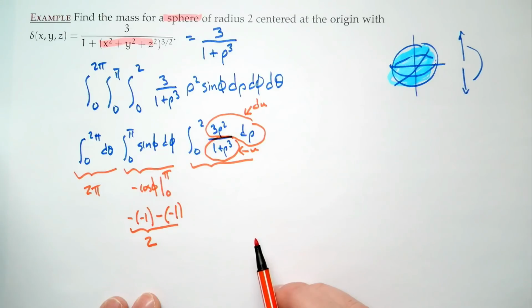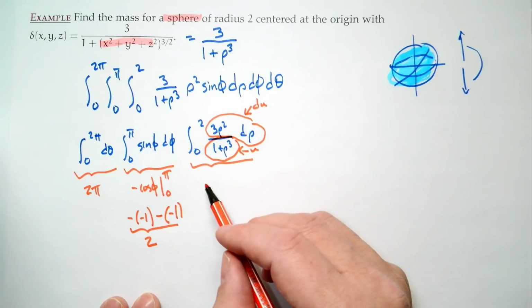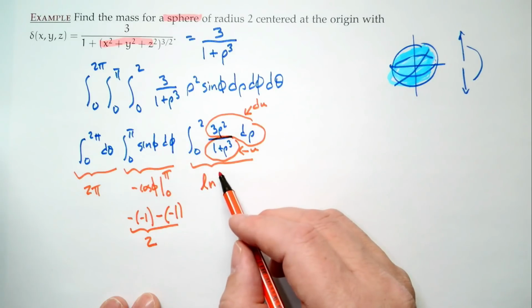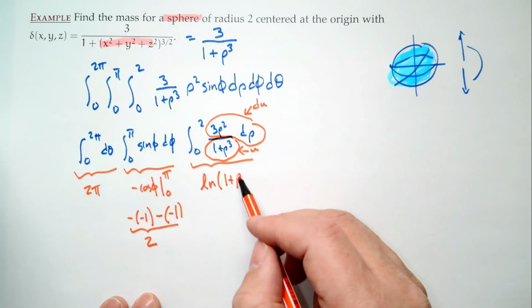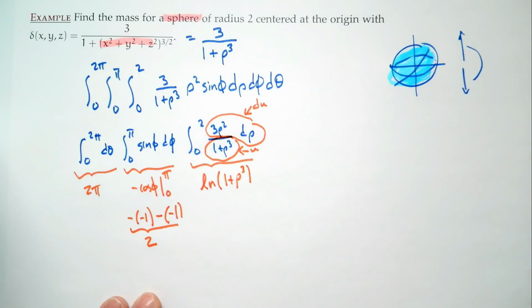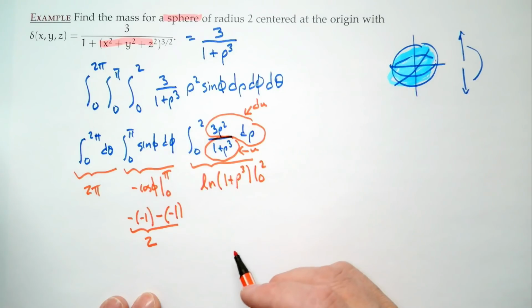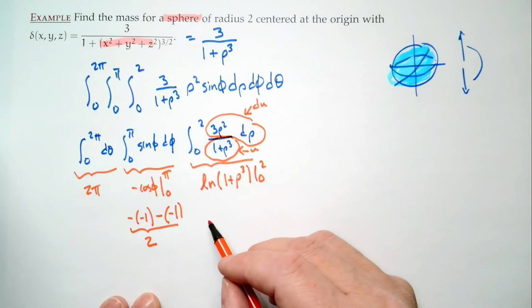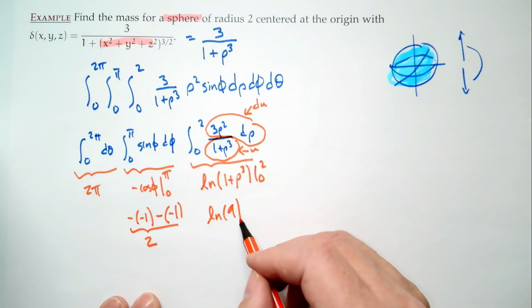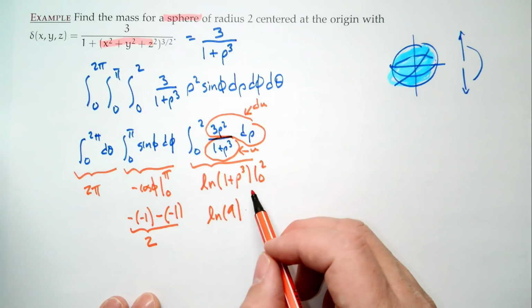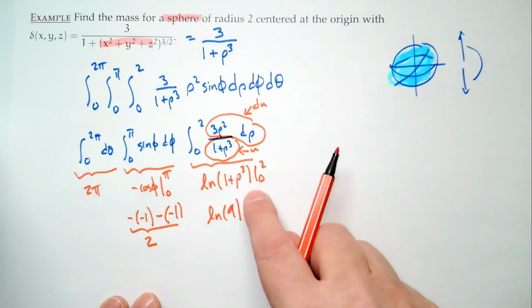So it's du over u, which means this integral is natural log of 1 plus rho cubed, natural log of u, evaluated from 0 to 2. We plug in 2, what do we get? Natural log of 9. Subtract, plug in 0, we get natural log of 1, which is 0.